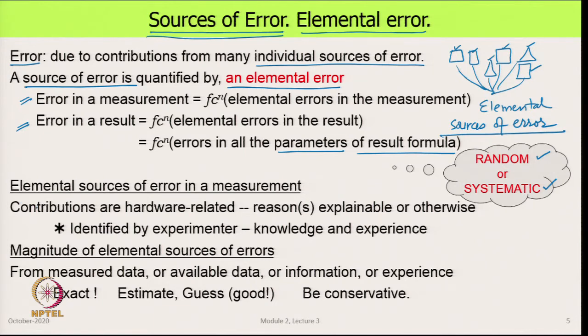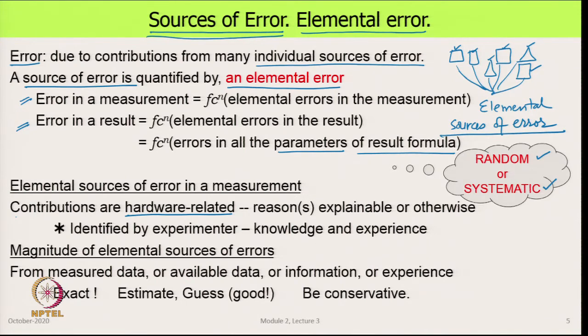Then, in every measurement, the elemental sources of error, where do they come from? It is the hardware and the physical system, and to some extent some of the software used, that causes the errors to come in. We may know the reasons qualitatively.